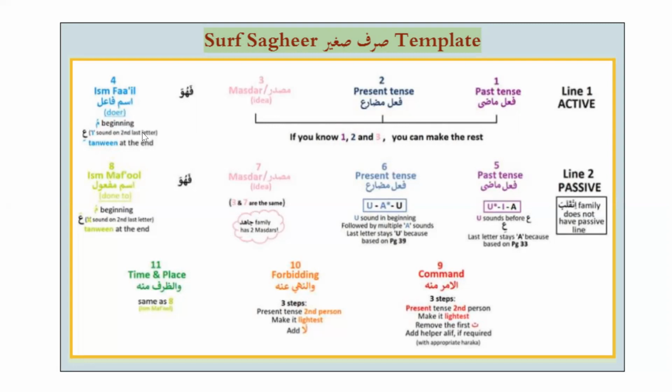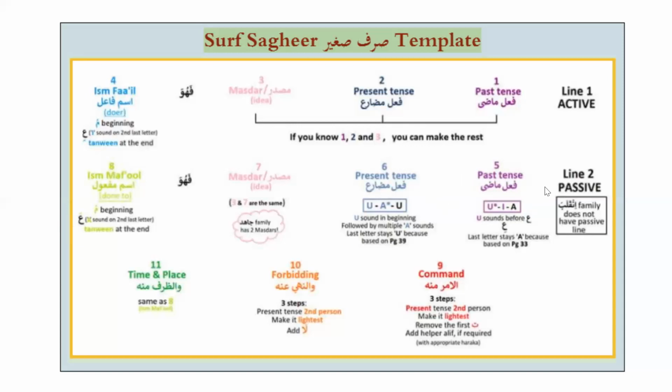In the first line, all these are active voice. In the second line, again fe'l madi, fe'l mudare, but in the passive form, then again masdar, and then ism maf'ul. Ism maf'ul is the one to whom the action was done or is done.